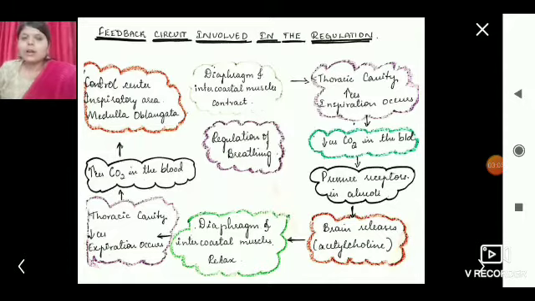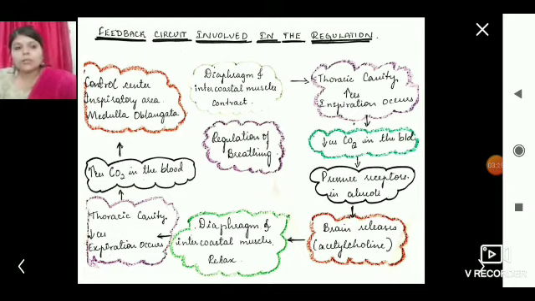Hence it is urged to increase the thoracic cavity and inspiration occurs. The decrease in carbon dioxide levels in the blood puts pressure on the receptors, so the brain releases acetylcholine, resulting in the diaphragm or the intercostal muscles relaxing.